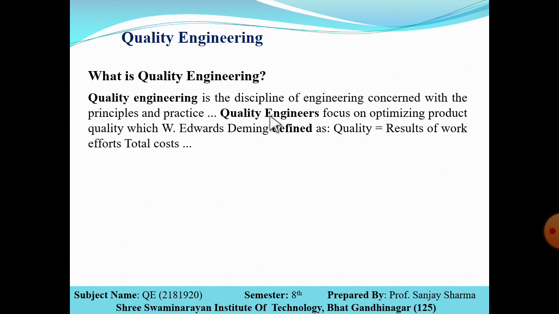So if we go for any quality services, the product should be optimized. It should be in terms of quality, in terms of profit, and in terms of affordability. So cost wise, quality wise, and production wise also. Optimize means it should satisfy all these three conditions.